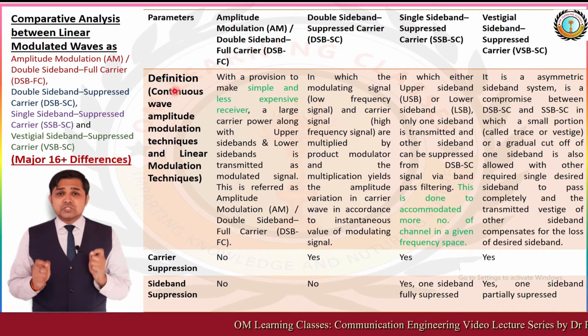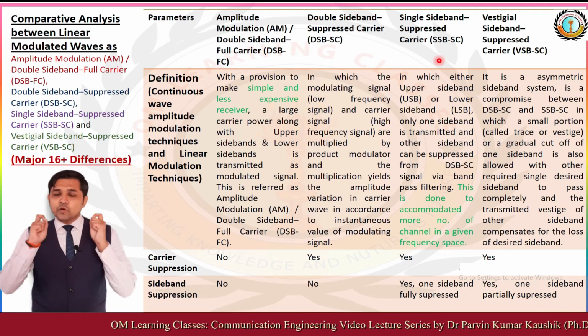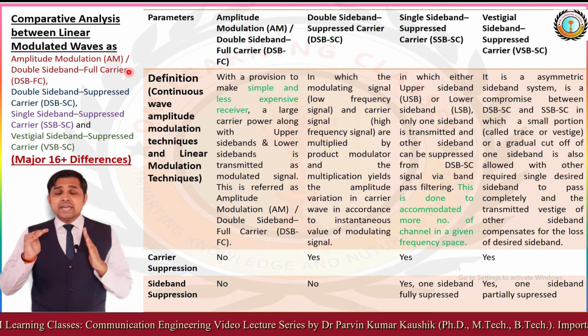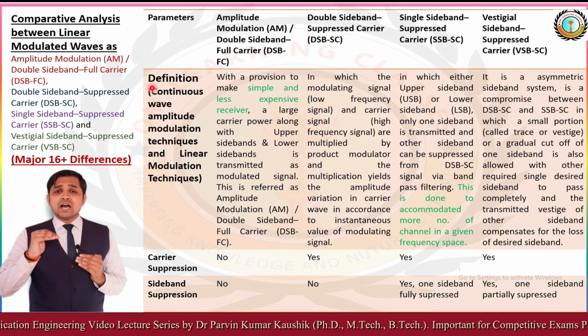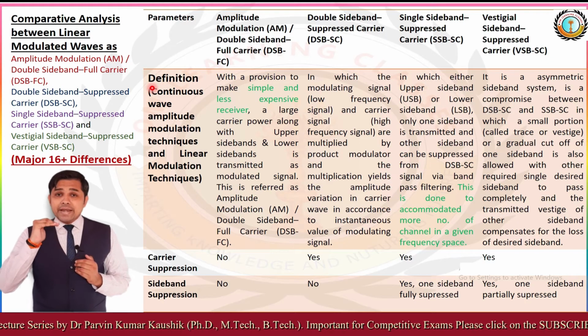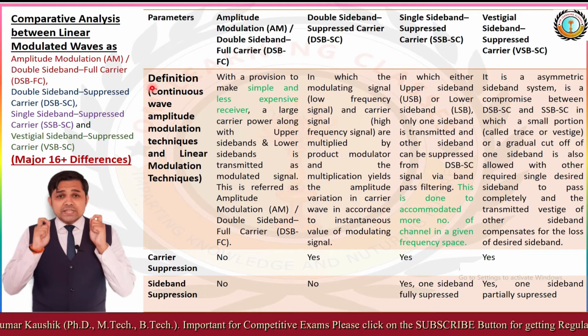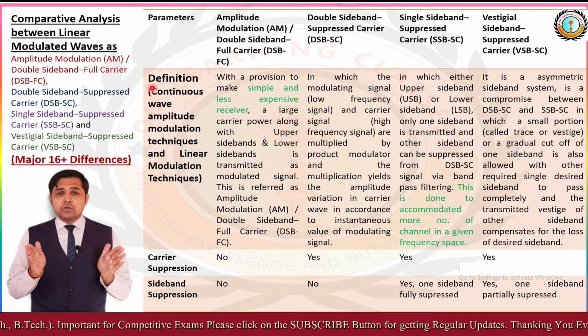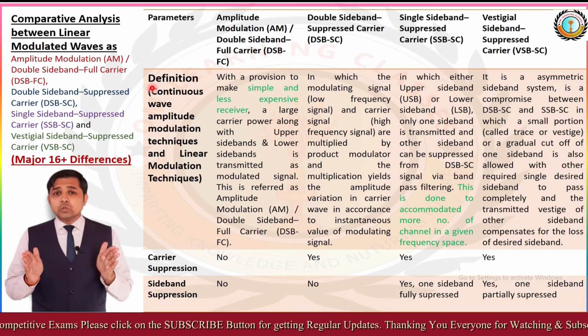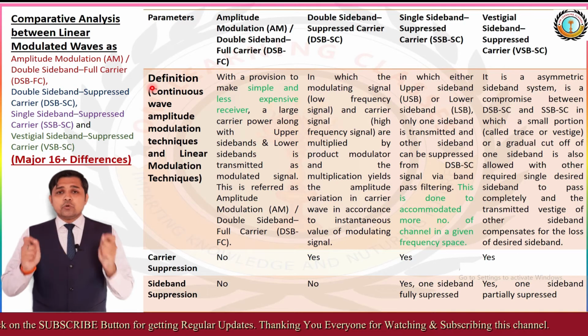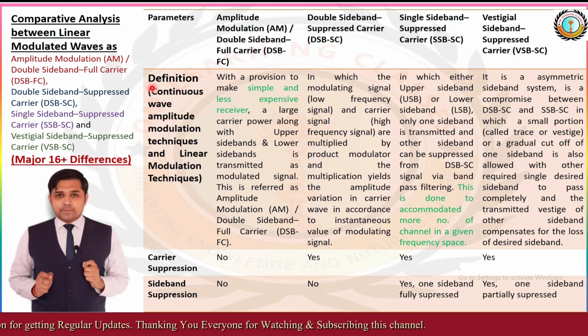And this lecture is very important for you all because it will give the major comparative analysis, which is very important for your fundamental knowledge as well as for your competitive exam.